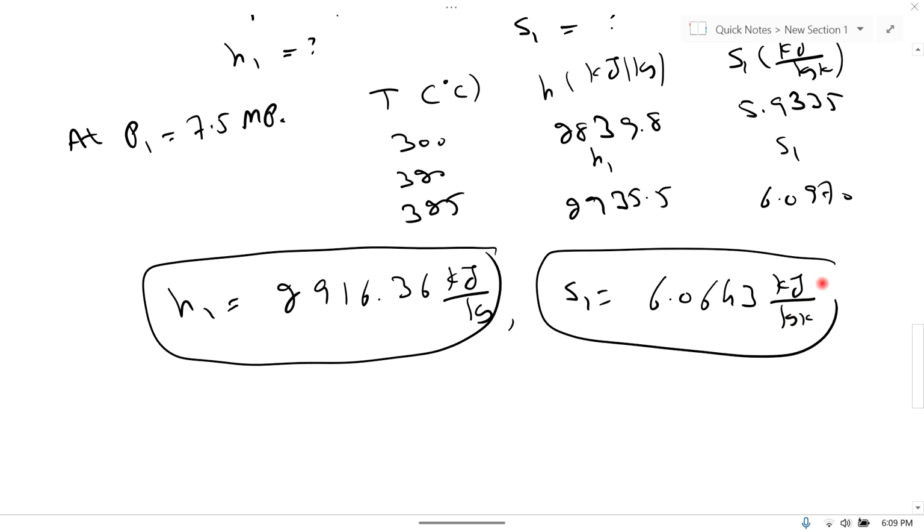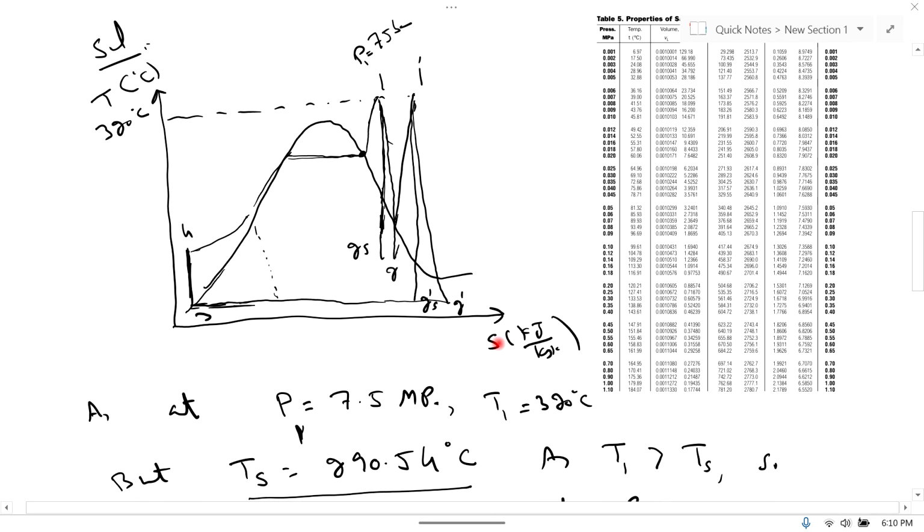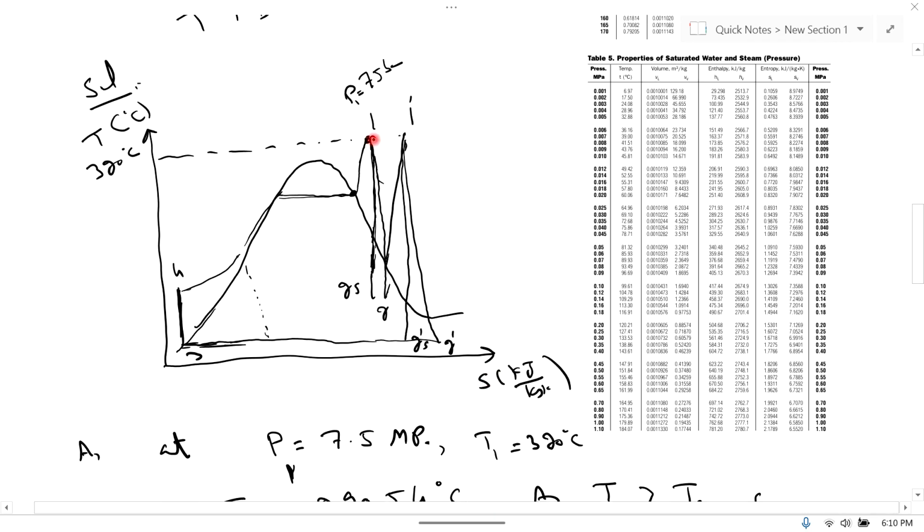Now we have to find enthalpy and entropy after reheating at this stage. I found H1 at this stage. Now I have to find H1 dash and S1 dash for this point after reheating.